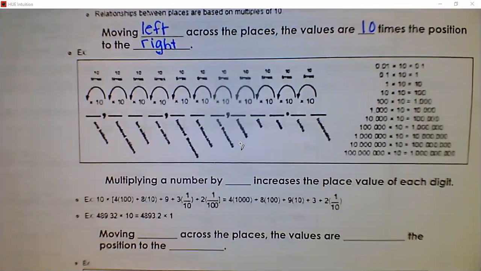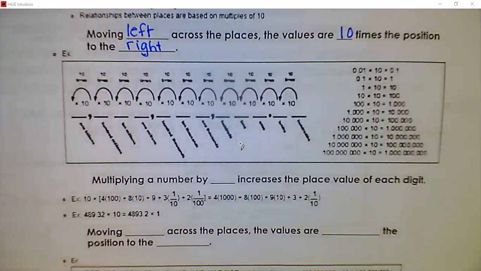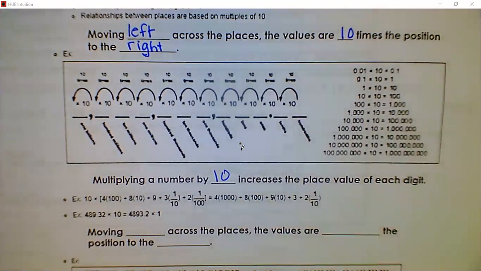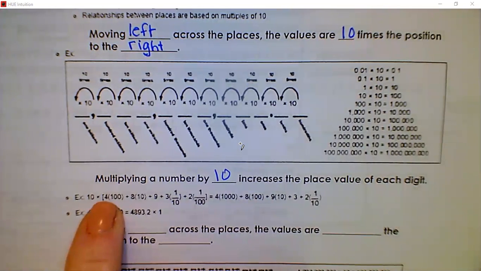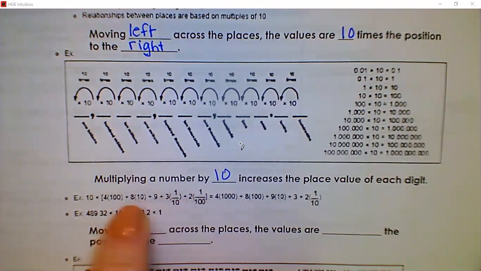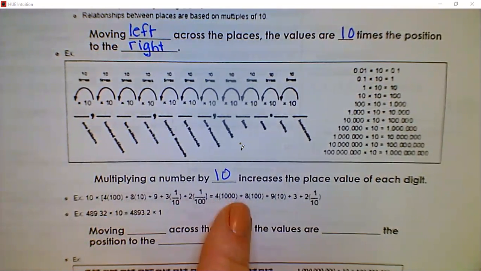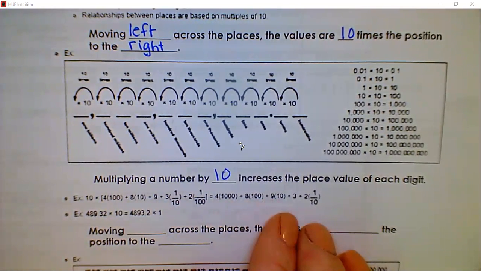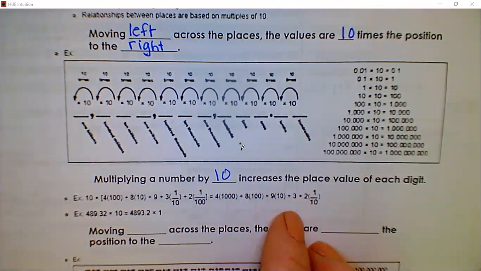When we multiply a number by what? It increases the place value of each digit. Jacob. 10. Okay? So if we take 10 times 4, like all this in a bracket, we would get 4,000 times 800 times 90 plus 3 times 2 and 1/10.